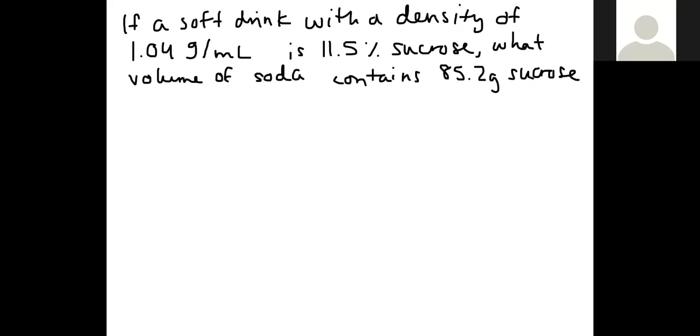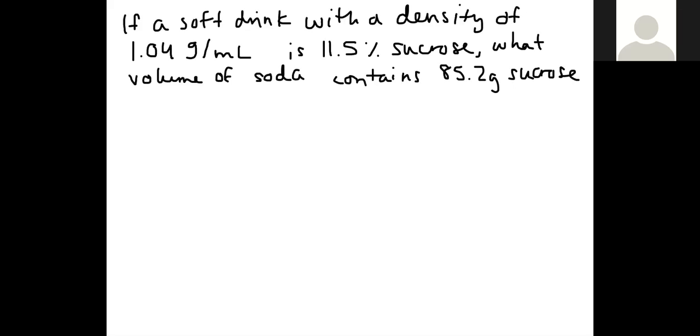Now, it's important here that you distinguish the solution from the solute. So what is the solution? The soda, yeah, the soft drink. What is the solute? Sucrose. Okay, so what you're going to do in terms of using the mass percentage as a conversion factor is you're going to assume that it's per 100 grams.